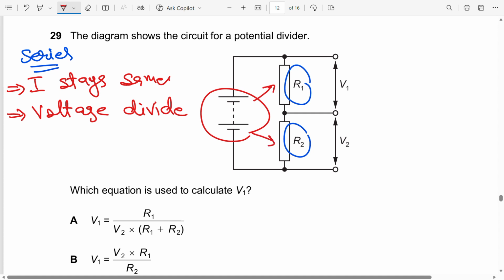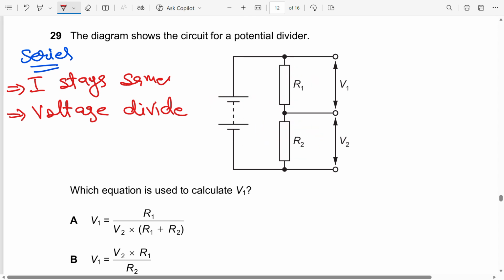Whatever the voltage or EMF right here is, it will be divided into R1 and R2. If R1 and R2 are identical resistors, then this voltage, this EMF, will be divided equally between R1 and R2.